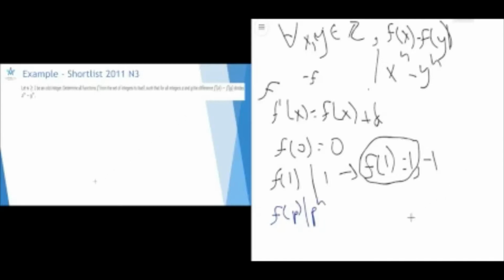And so this tells us that f of p has to be a power of p. And remember they can be negative too. So f of p can be plus or minus p to the k for some k less than or equal to n.